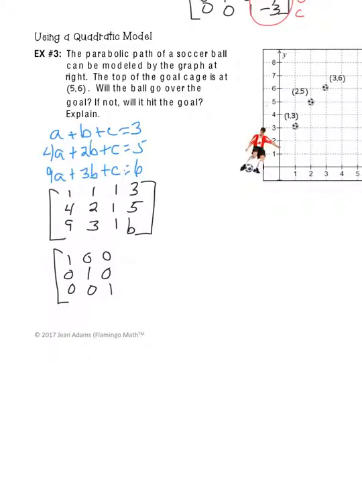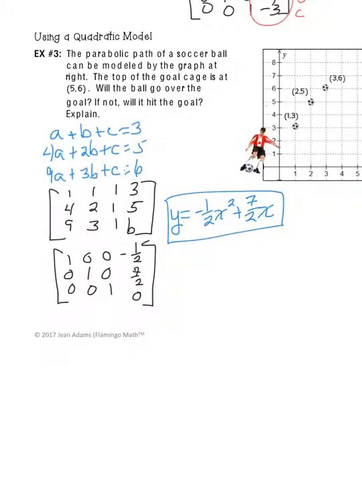So you should have -1/2, 7/2, and 0. Based on this, your equation is y equals -1/2 x squared plus 7/2 x, and I'm not going to write plus 0 for my c.